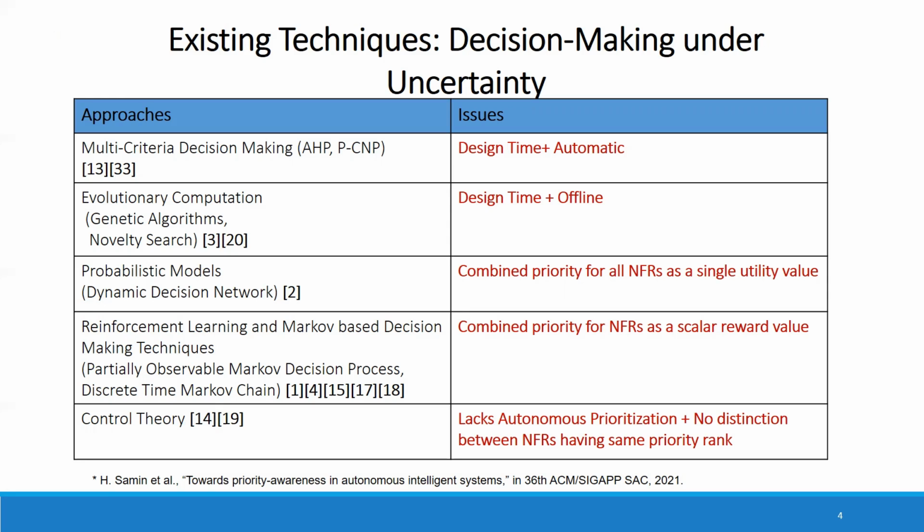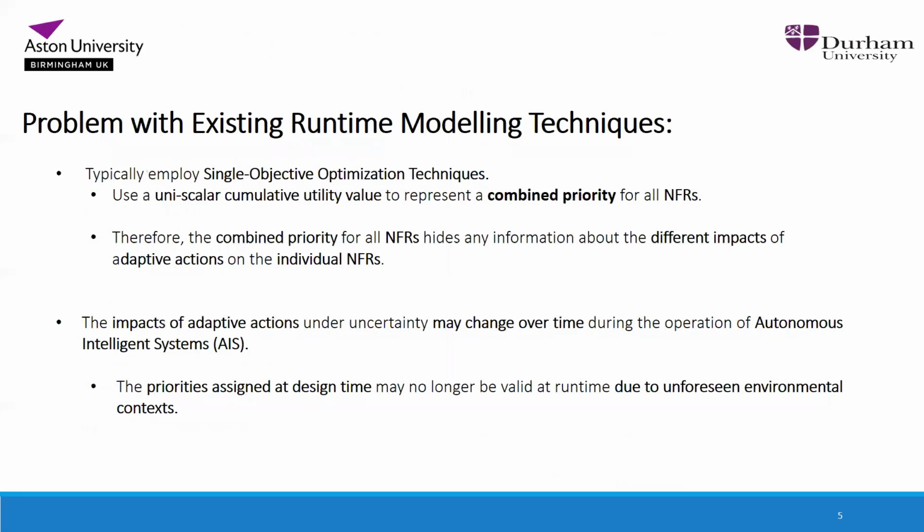Control theory based techniques, however, represent the distinct priorities of non-functional requirements but lack the autonomous prioritization of non-functional requirements. So the main problem with the existing runtime modeling techniques for decision-making under uncertainty is that they typically employ single objective optimization techniques that make use of a single cumulative utility value to represent a combined priority for all the non-functional requirements.